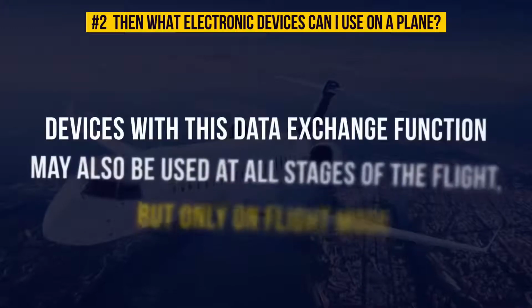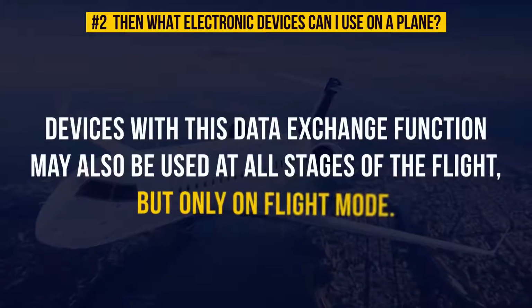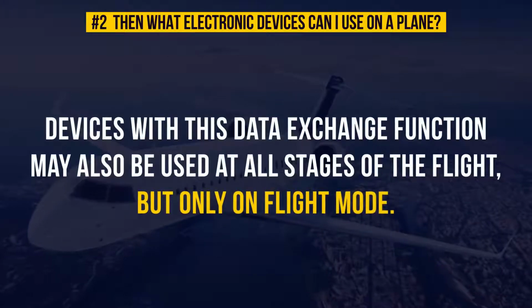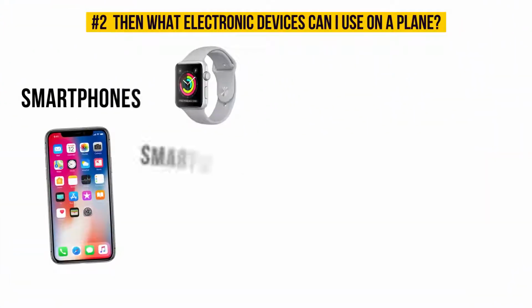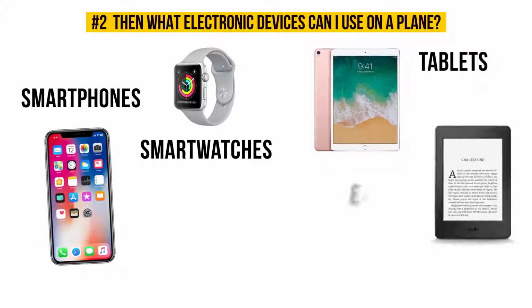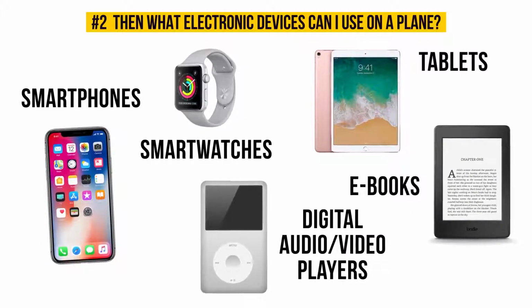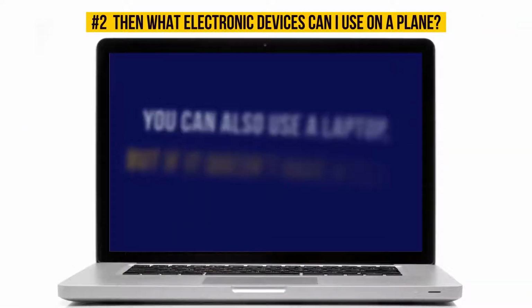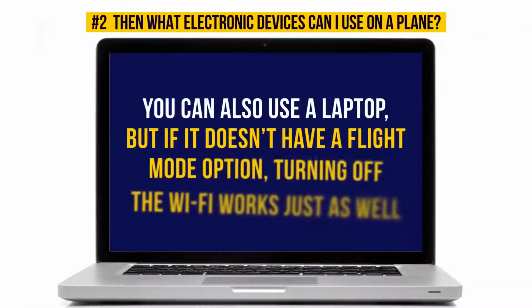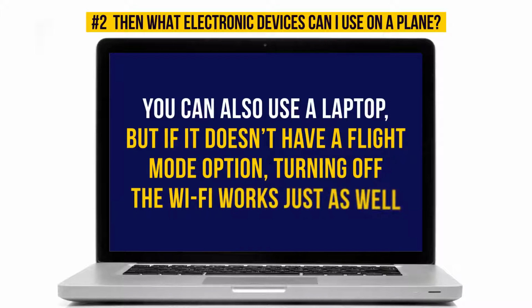Devices with this data exchange function may also be used at all stages of the flight, but only on flight mode. These include smartphones and smartwatches, tablets, e-books, digital audio-video players, etc. You can also use a laptop, but if it doesn't have a flight mode option, turning off the Wi-Fi works just as well.